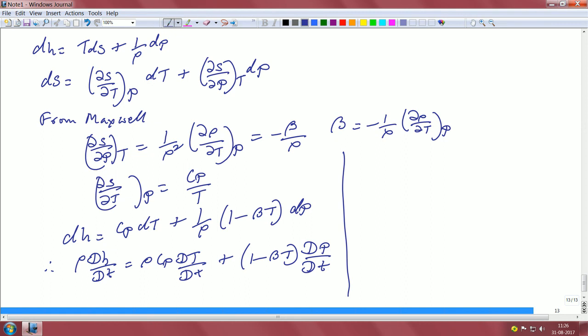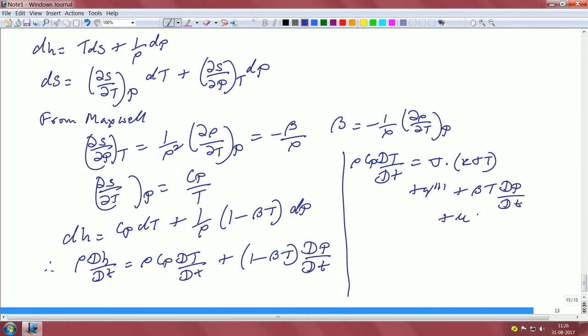Now we are in a perfect situation to cast it in terms of temperature, which will give you rho Cp in terms of temperature. For incompressible flow, beta is equal to 0.